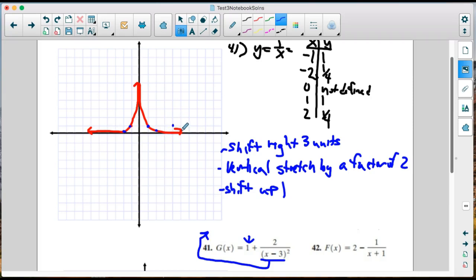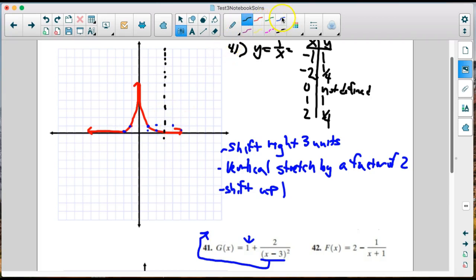This point goes here at 1/4. This point goes 1, 2, 3, goes right to here. This one goes to 1/4. And there's going to be an asymptote on the y-axis that is going to shift over 3 units to the right, 1, 2, 3, and there's going to be an asymptote right here as we draw this up.